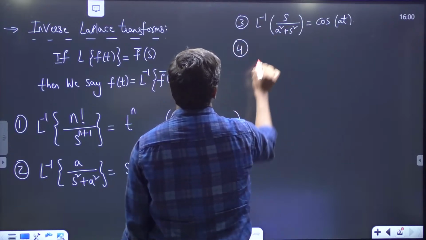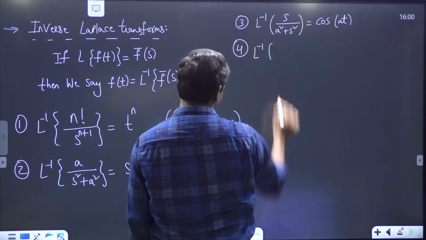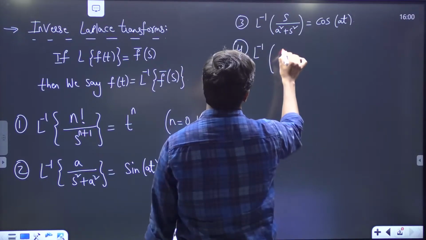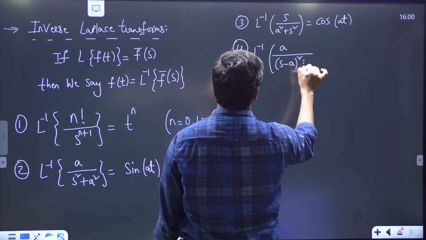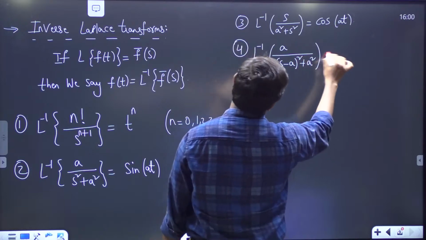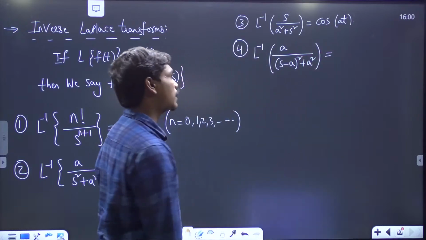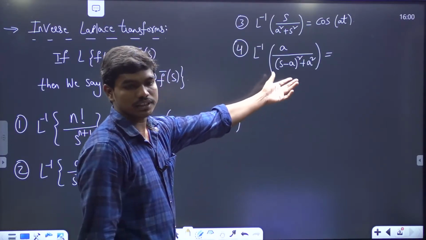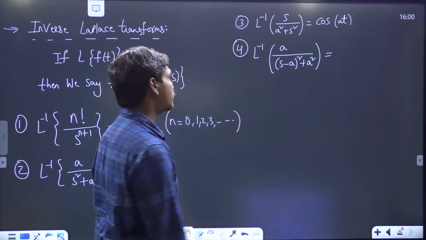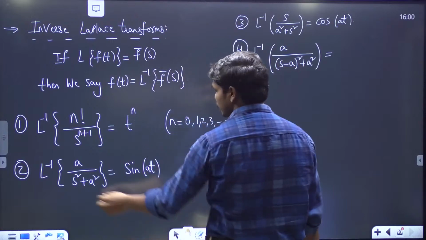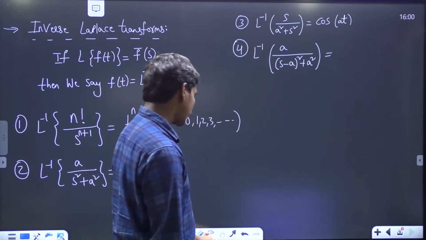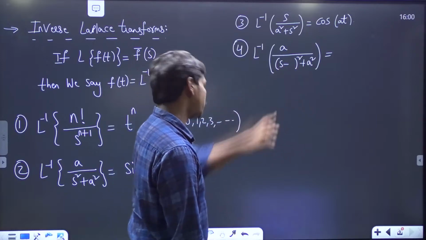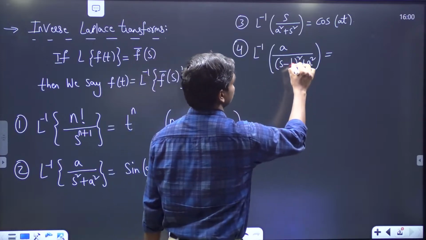Similarly, if I write the Laplace inverse of a by (s minus a) whole square plus a square, can you tell me the function for which this is the Laplace transform? For making things clear, let me put s minus b so that you won't get confused.